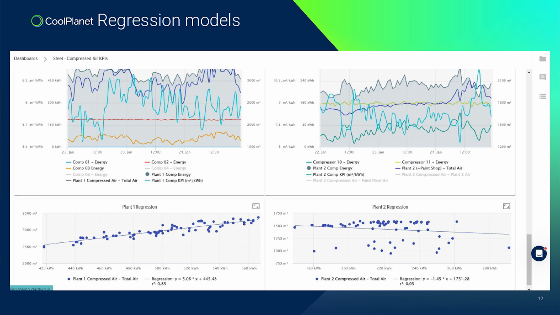So within an energy management platform, we can build these workbooks and dashboards, and we can demonstrate what our total compressor energy in this case is going to be, given a certain situation. If we're going to have to produce a specific amount of air, what is the energy usage going to be for that?